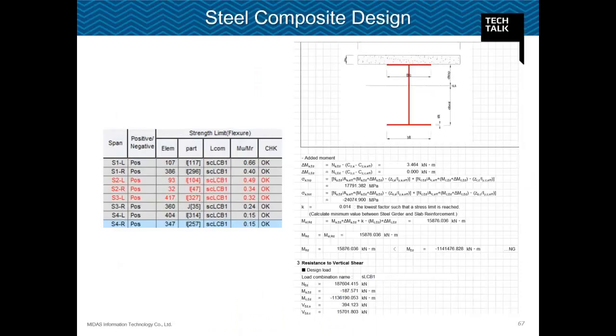You can get the result in the form of tables that can be exported to an Excel sheet. And you can also get a detailed calculation sheet generated in Microsoft Excel by the software automatically. That's steel composite design.